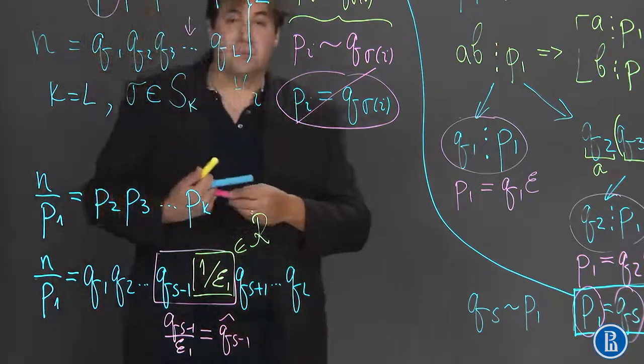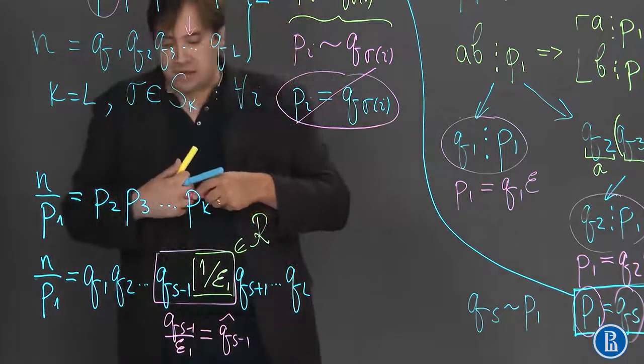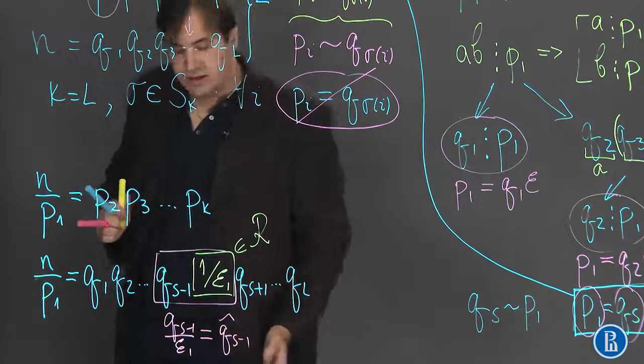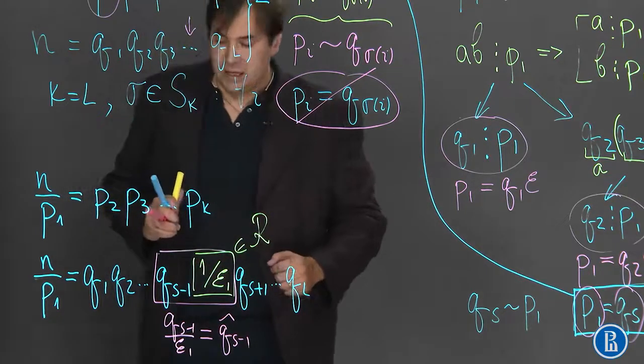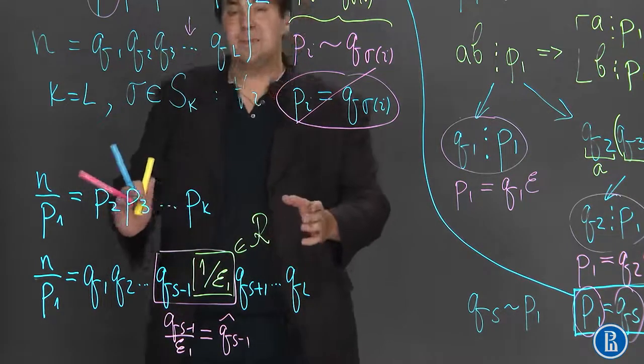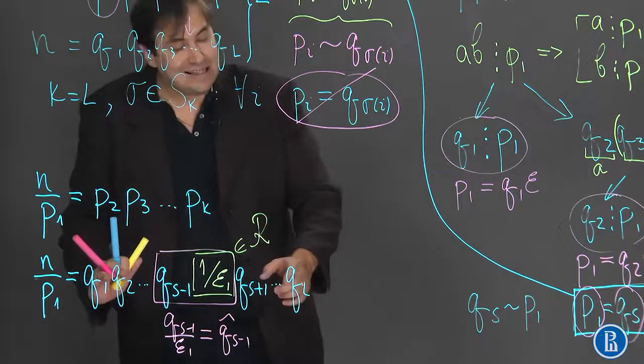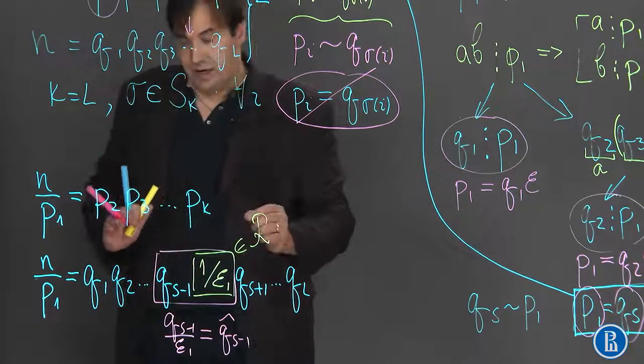It's another prime element. Why is it prime? Because it is associated with Qs minus 1. So this way we have decreased the number of elements in the second decomposition also by 1.